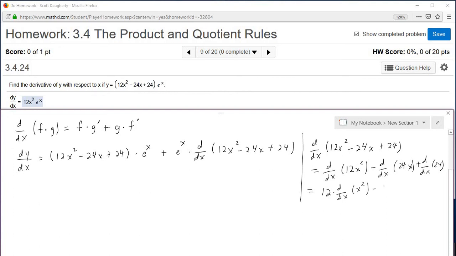I can pull the 24 out front because it's a constant. And so the derivative of 24x is the same as 24 times the derivative of x. And then this last piece, you're taking the derivative of a constant. The derivative of a constant is 0. So plus 0.